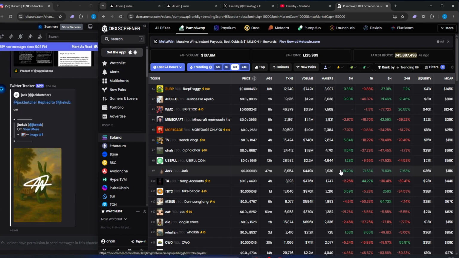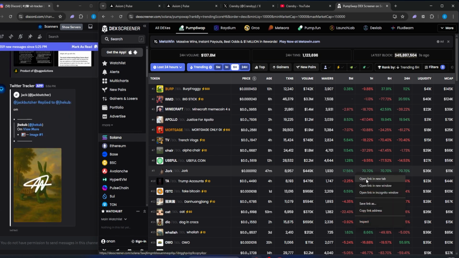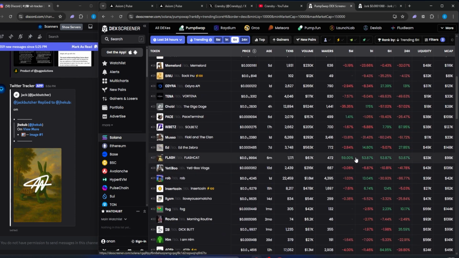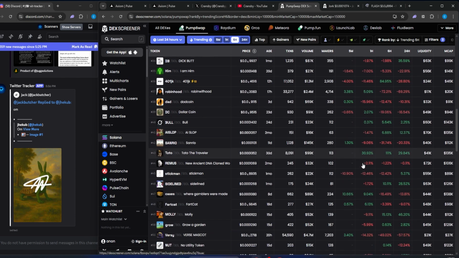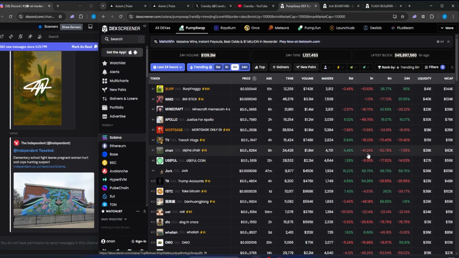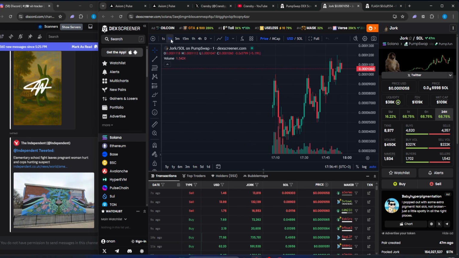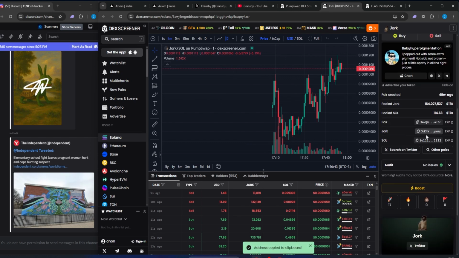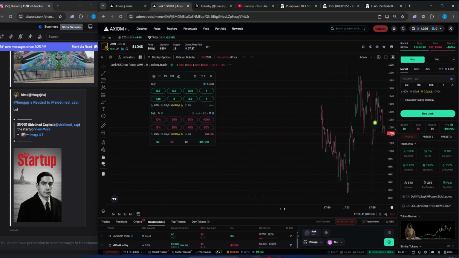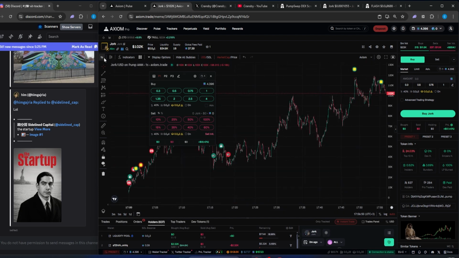If you see good percentages, you just open them in a new tab and scroll down, and that's what you literally do. Usually it's up to 5 tokens, but it's easy money. You press on them, copy the contract, move to Axiom, and see how the action is on that particular token.